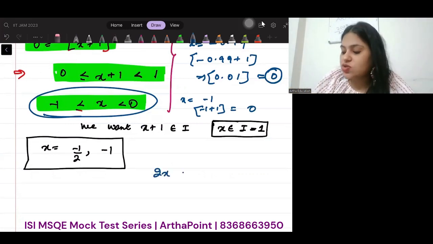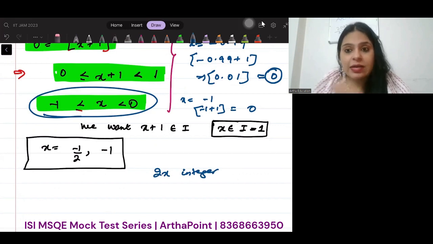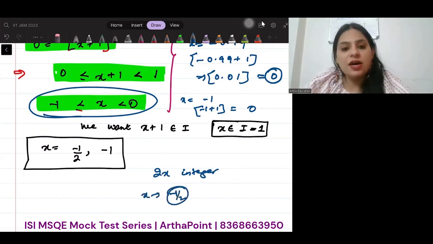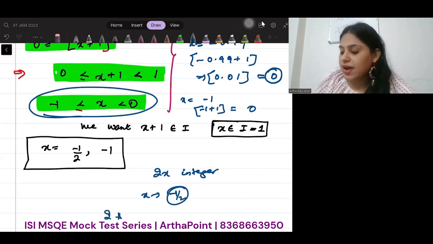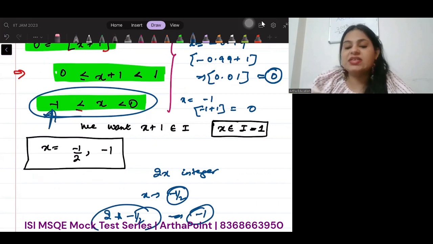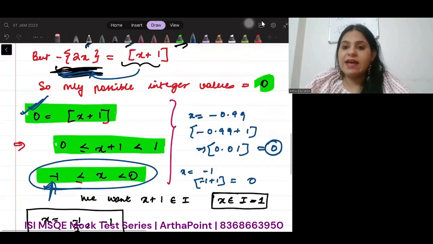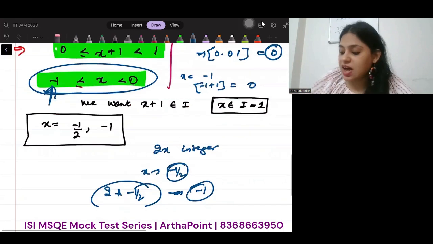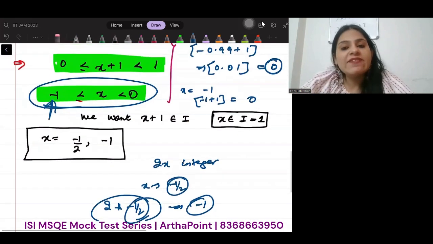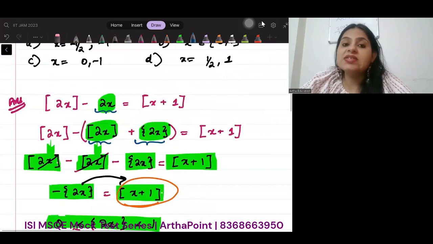If I want 2x to be an integer, then my x must take the value minus half, because 2 into minus half will be minus 1. Or I can have my x as minus 1.